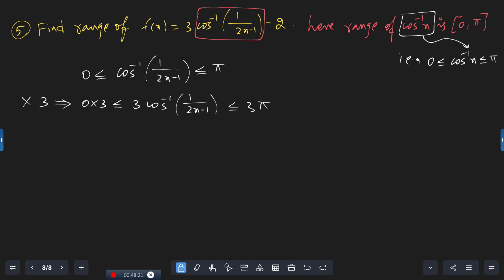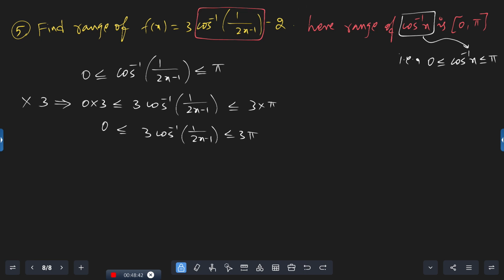Range is different, domain is different. So here 0 into 3 is 0, and 3 into pi is 3 pi. So 3 into cos inverse of 1 divided by 2x minus 1 is less than or equal to 3 pi. Next, what we need in the expression is minus 2.